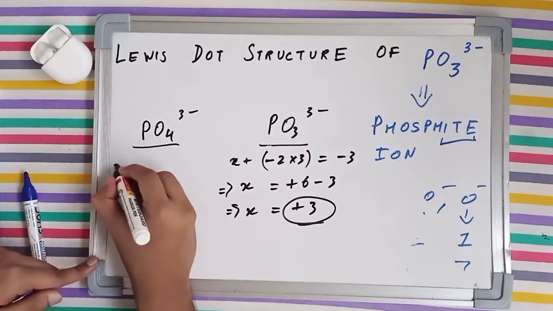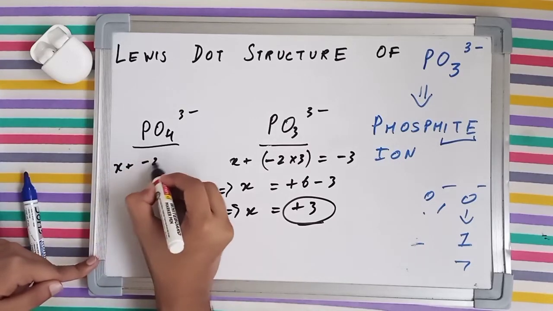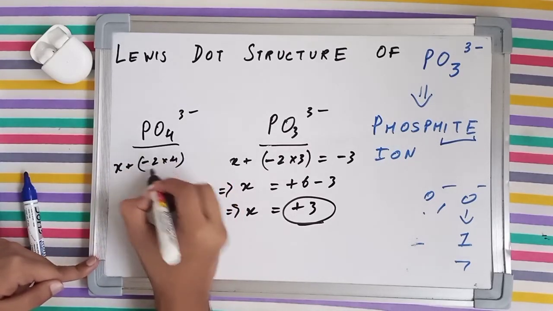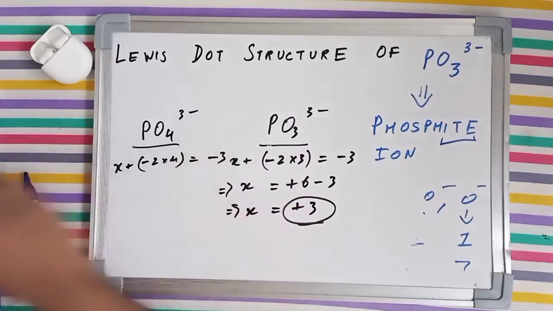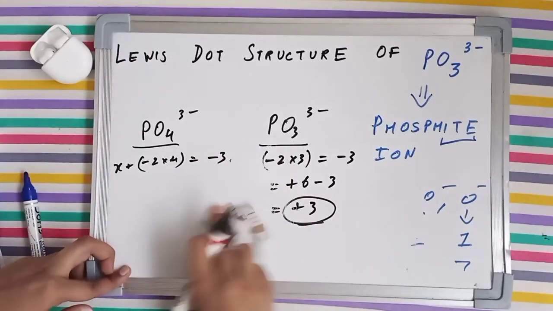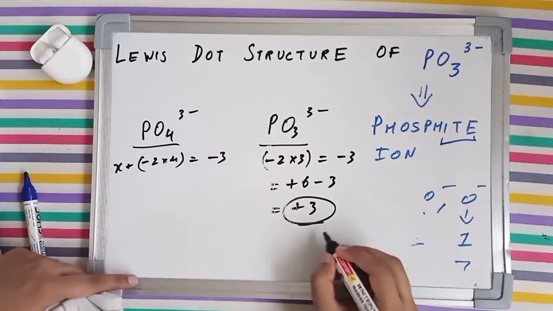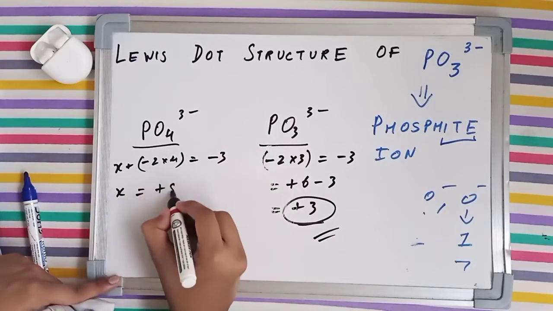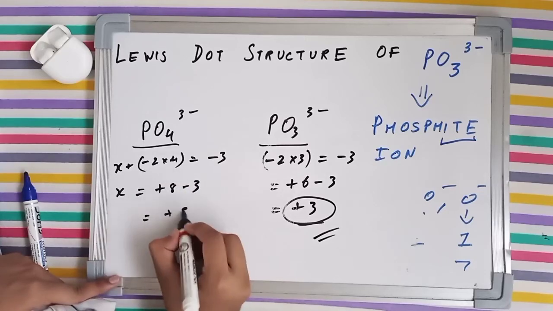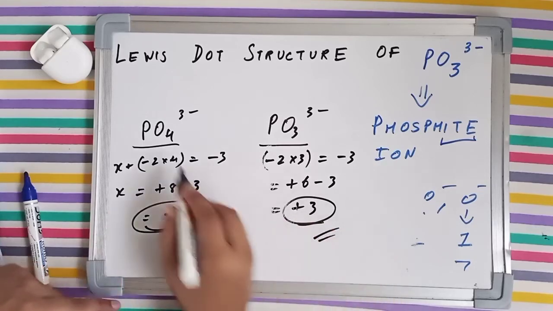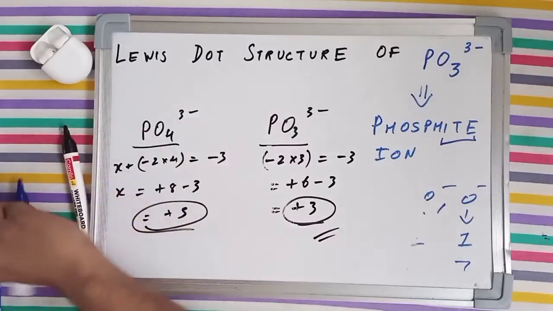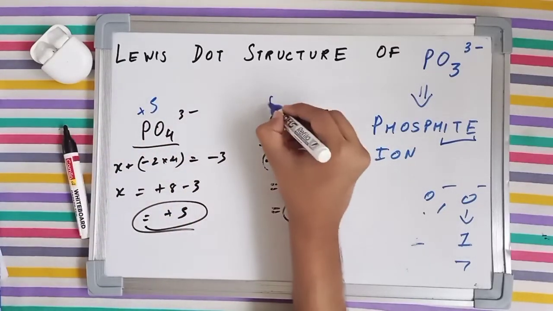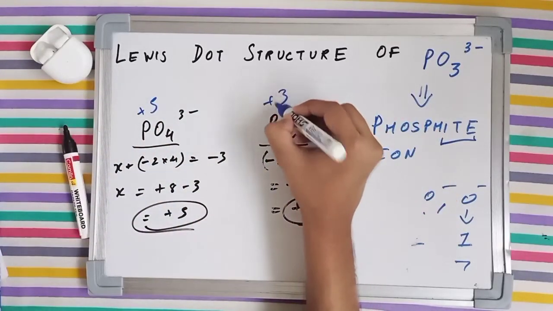Let's see here: X plus -2 into 4 is equal to -3. Remember, in phosphite you got +3. In this case you're getting +8 minus 3, which is +5.